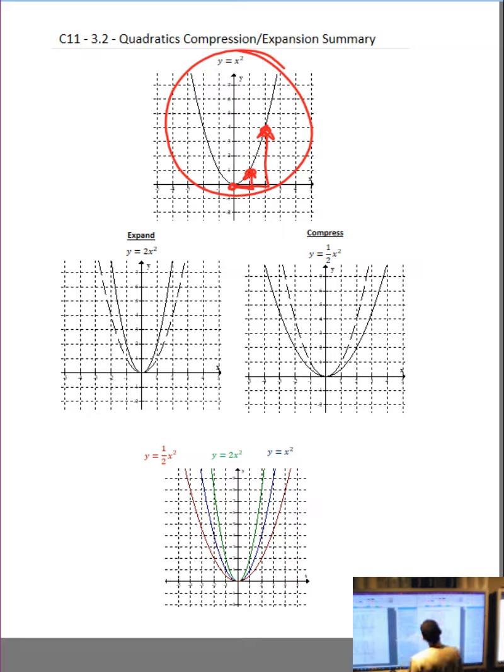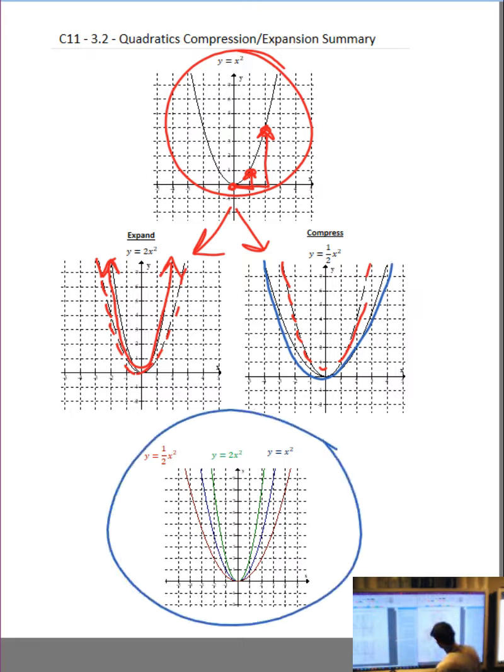And then we've drawn a dotted line of x squared down below on both of them for you to see. And then we can see that 2x squared is steeper, not skinnier. And off to the right in blue, 1/2 x squared is flatter, not fatter. And then a gigantic summary in perfect color down below. So that's the changing shape summary.